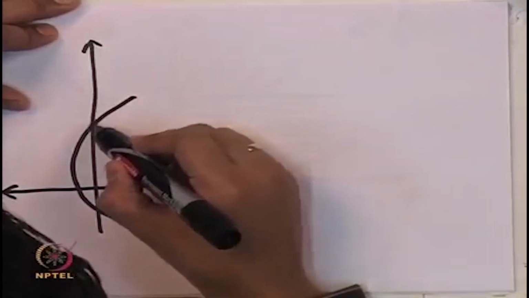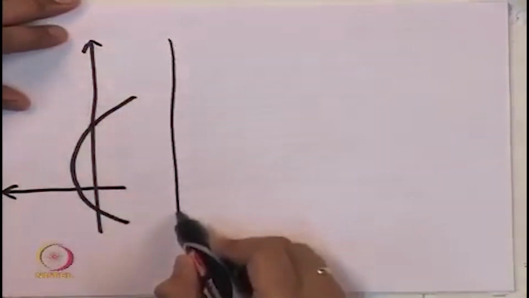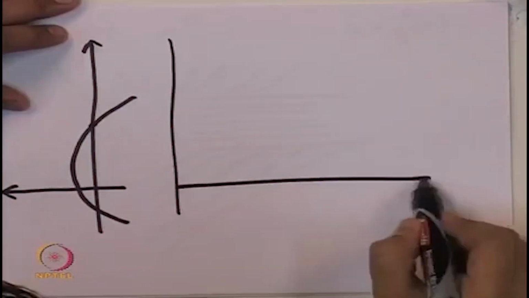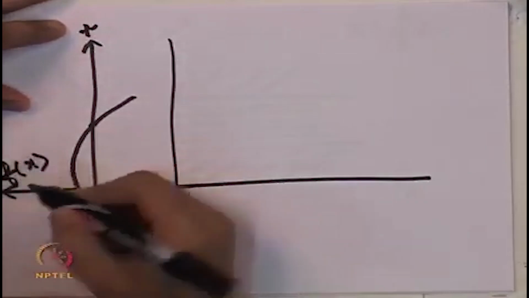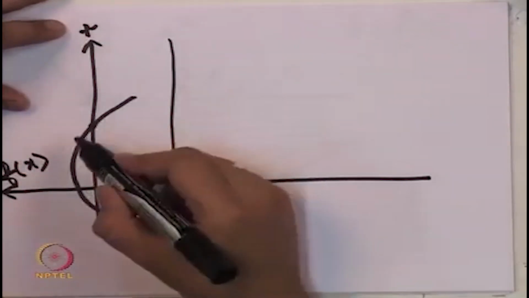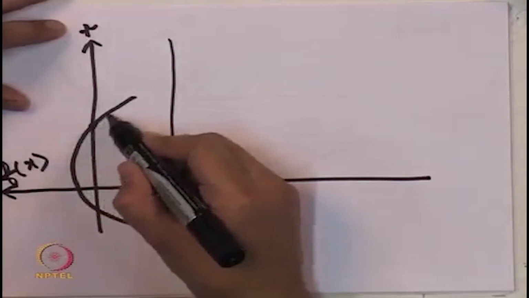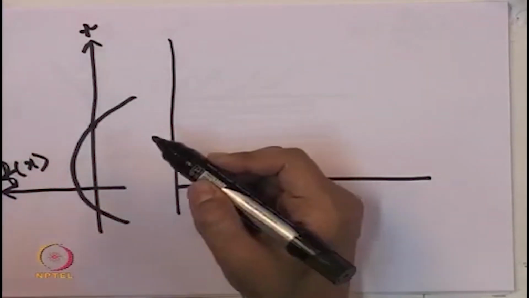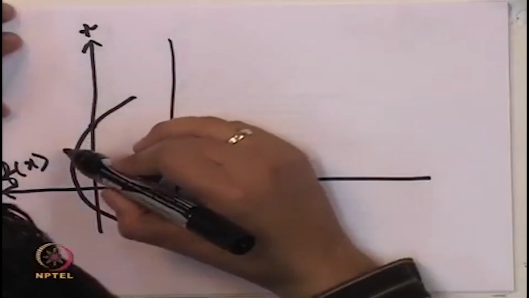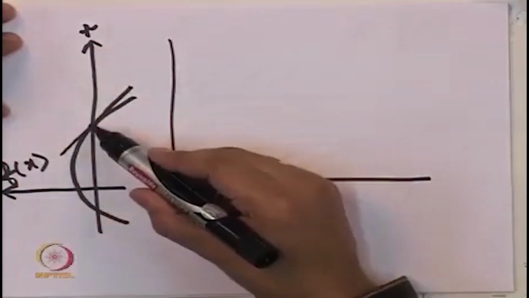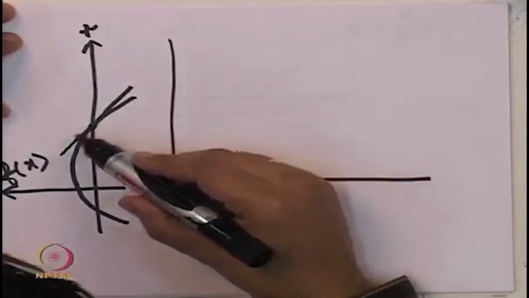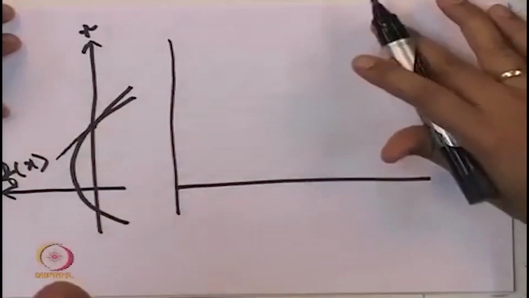We see that at this particular point, whether f is increasing or decreasing. At this point we see that f is decreasing as a function of x. So, when we try to put a tangent to this curve at the equilibrium point, we see that this tangent has negative slope.